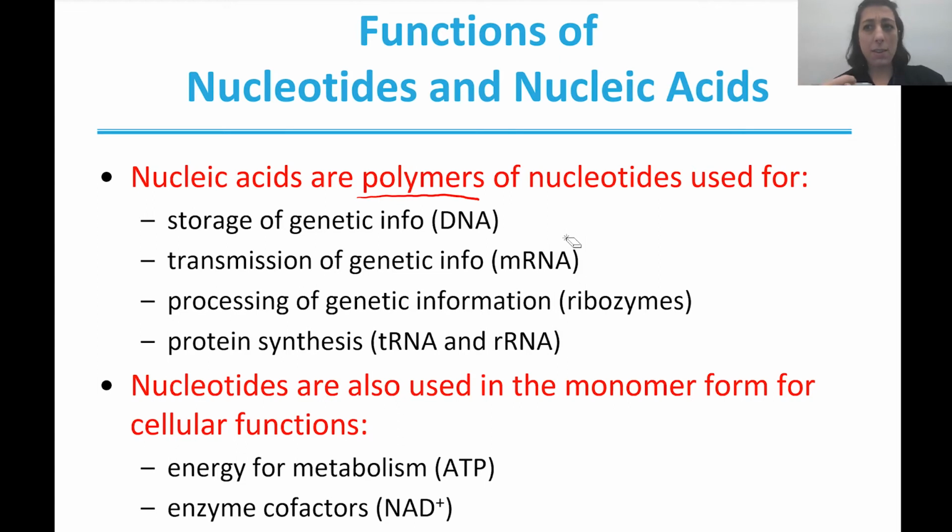Processing of genetic information, so taking DNA and mRNA and making it into proteins, happens in ribosomes, and ribosomal units also are made of nucleic acids, these polymers. And of course, the machinery for protein synthesis itself, which is tRNA and rRNA, which are found in the ribosomes, is also made of nucleic acids.